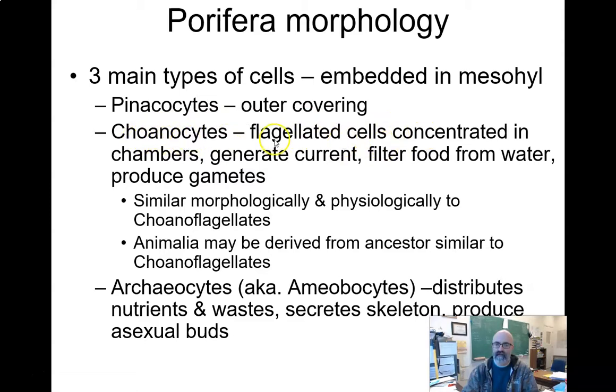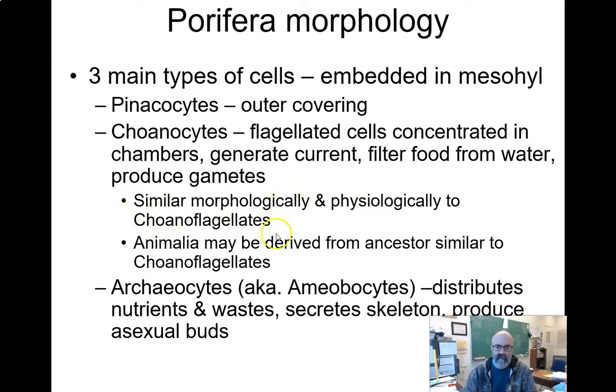They have a flagella or a whip-like tail, and they are responsible for generating the current. They're also responsible for filtering the food out of the water, and they even produce gametes, right? So these gametes are the sperm and the egg. They are a sexually reproducing organism.